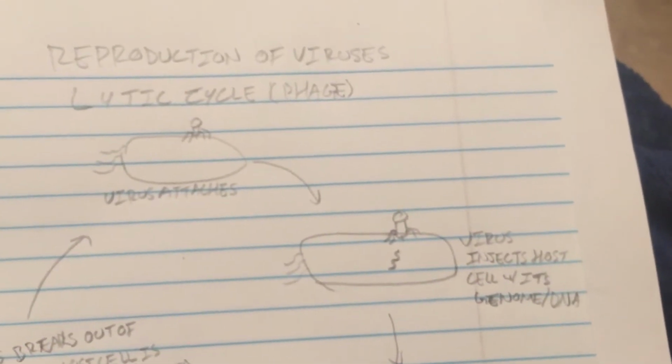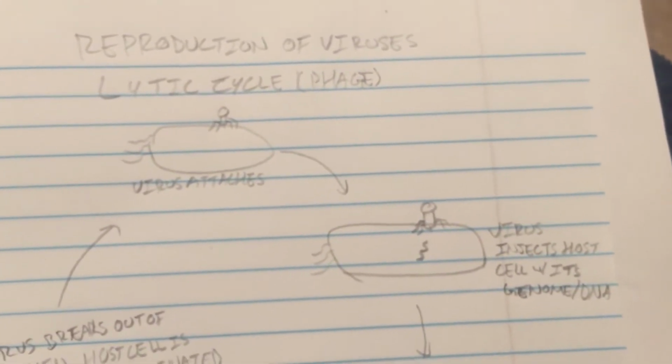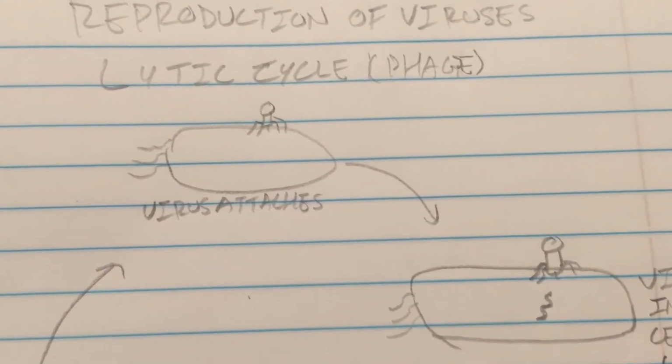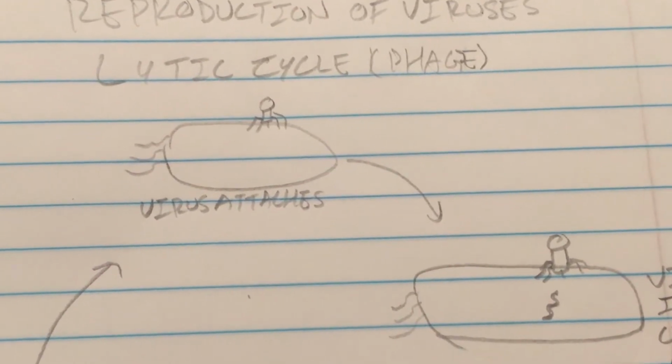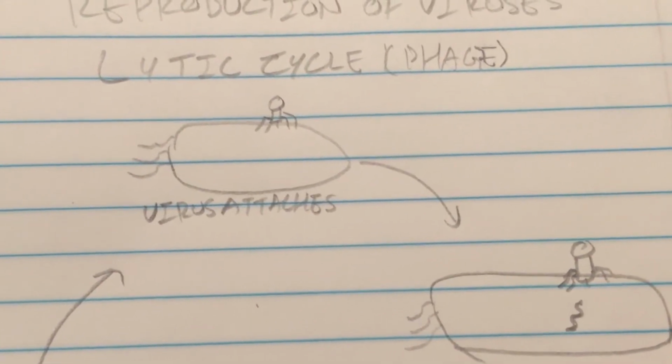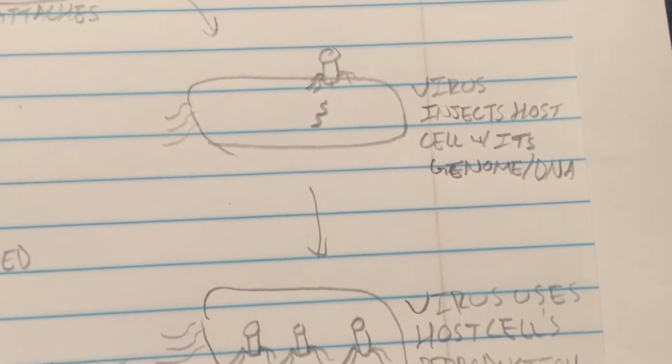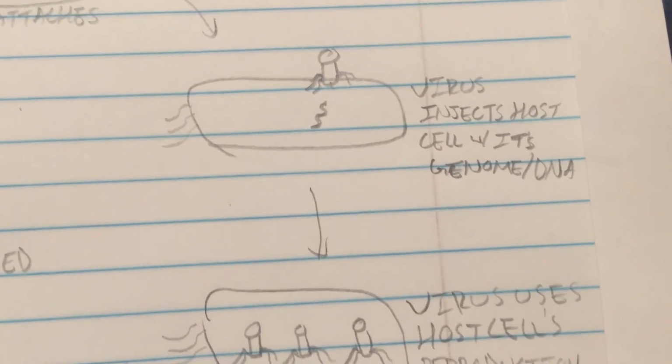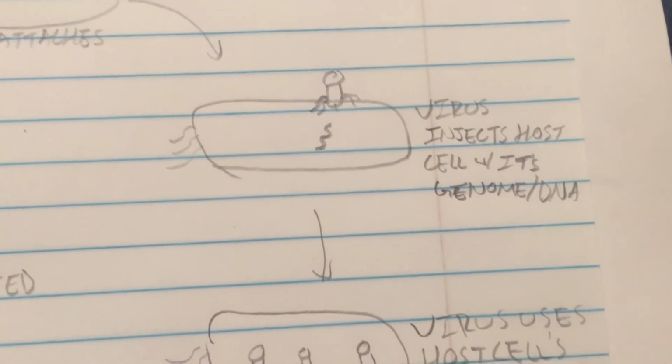So the reproduction of viruses: since they can't reproduce by themselves, they have to use an actual host cell to reproduce. In the lytic cycle, which is phage, the virus attaches to a host cell. It injects the host cell with its genome DNA, and the virus body is discarded and destroyed.